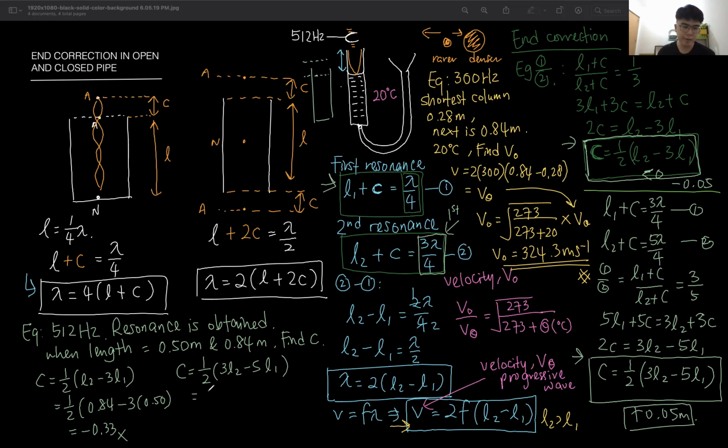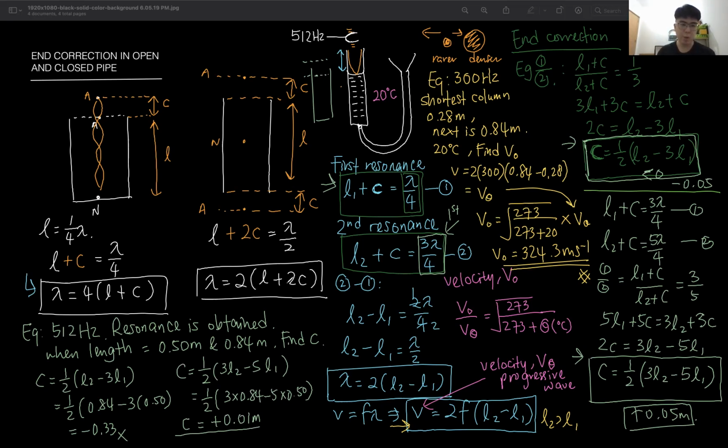We calculate again, the same values go in, 3 times 0.84 minus 5 times 0.50. Okay, we calculate this, you get positive 0.01 meter. Which one is the answer? This one is the answer. The end correction is 0.01 meter.